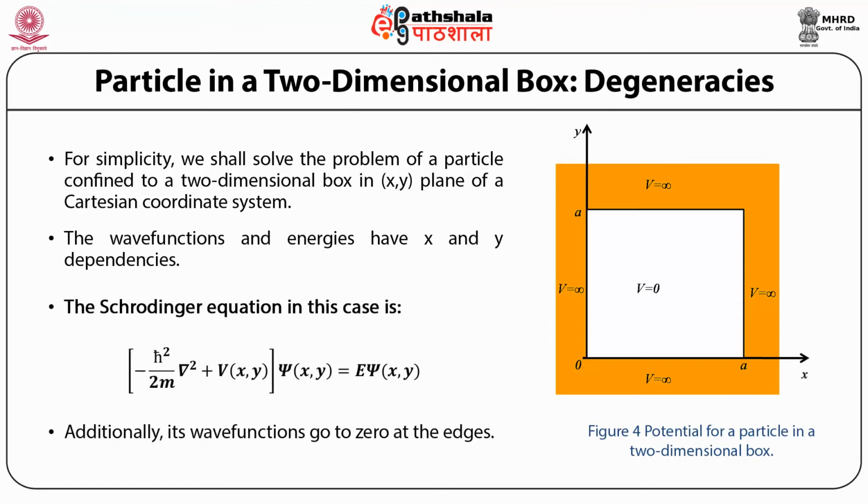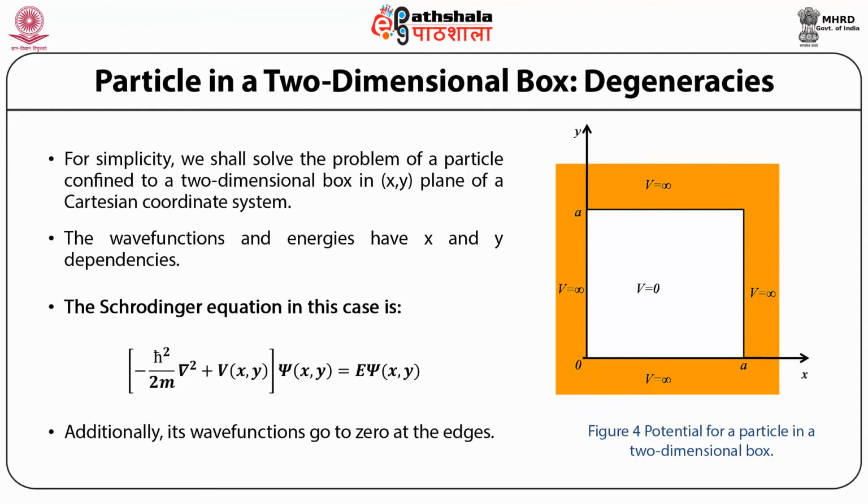So the Schrödinger equation in this system can be written as minus h bar squared by 2m del squared plus V(x,y), multiplied by psi(x,y), equal to E psi(x,y). In two dimensions, the Laplacian takes the form del squared equal to del squared by del x squared plus del squared by del y squared.